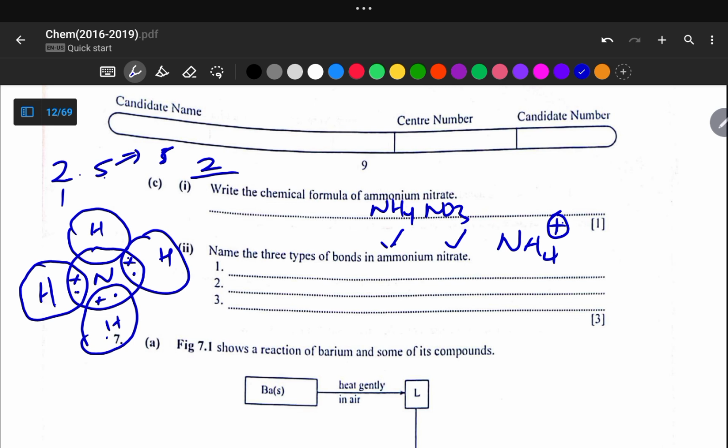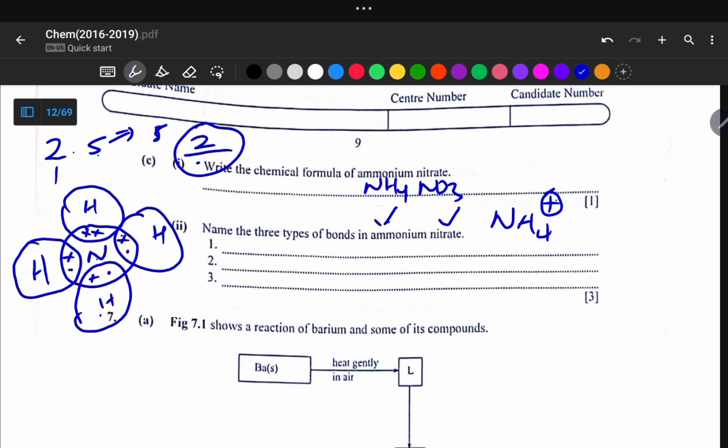So the lone pair, the unreacted 2 electrons from the nitrogen atom, are used in bonding with this hydrogen atom. This is what we call dative bonding, where one atom donates all the electrons in the bond. These 2 electrons are donated by nitrogen alone, so this is a covalent dative bond.